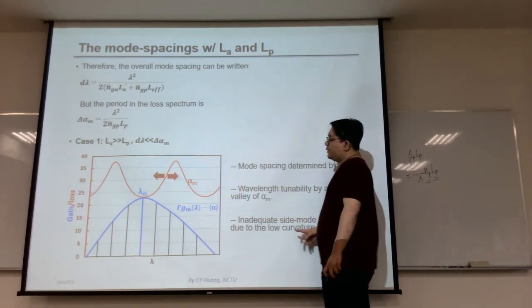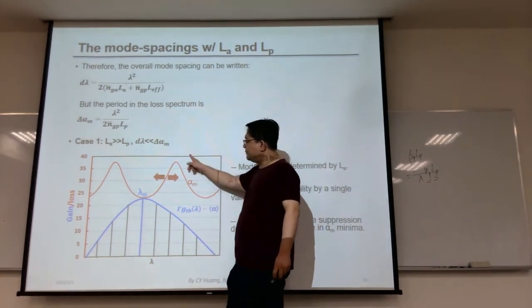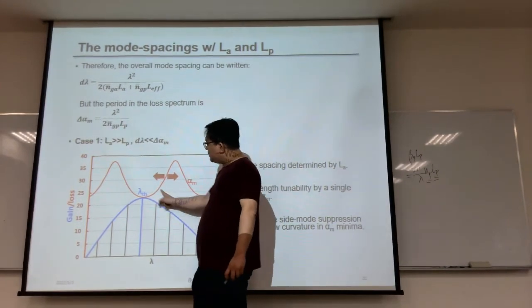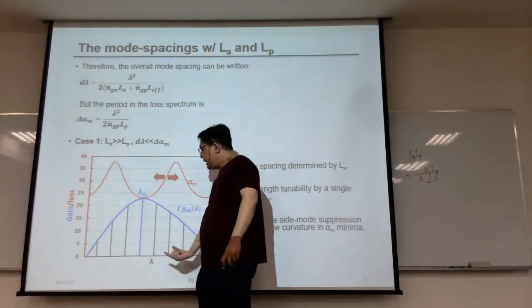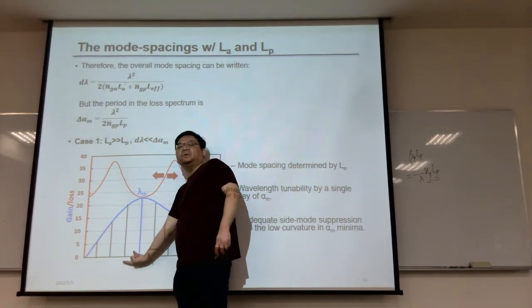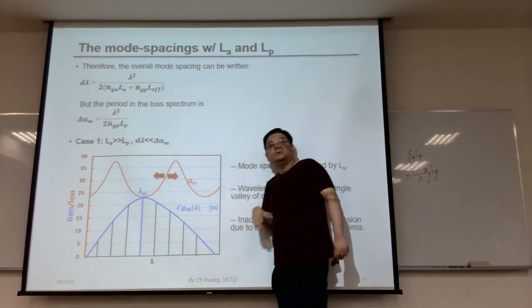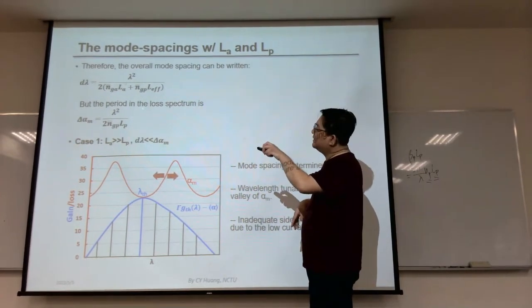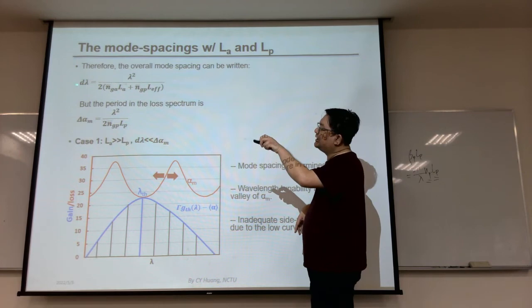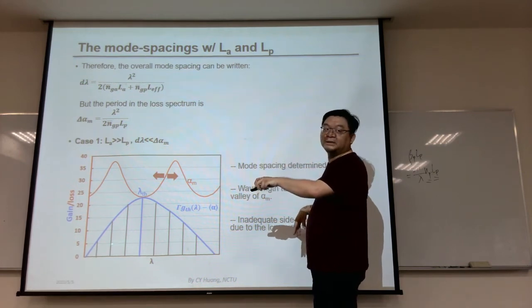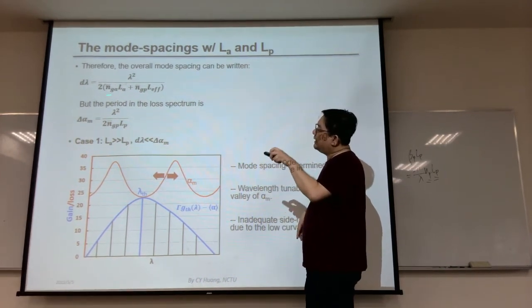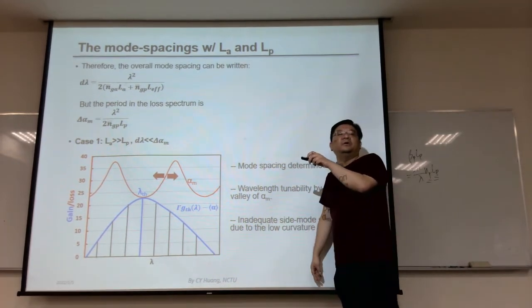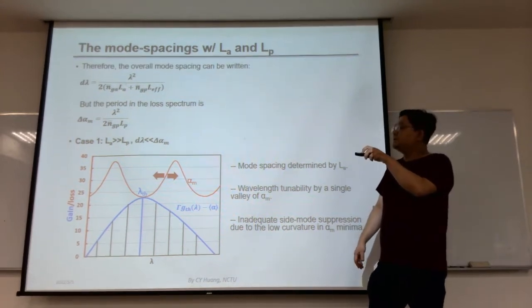So you will have a loss spectrum, for example, like this. But your gain spectrum surely has a mode spacing smaller than your loss spectrum, as you can tell by its denominator. Since LA is non-zero, definitely the d lambda in mode spacing will have a smaller spacing than the mirror loss variation frequency here.